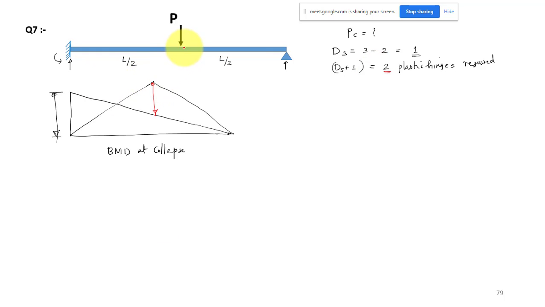So finally two hinges will form: one at the fixed end, and the next wherever your point load is acting. That is why at the collapse stage it will be like this. We have the beam with some loading at the center or somewhere. The first hinge forms here, and as you keep increasing the load further, the next hinge will form here.